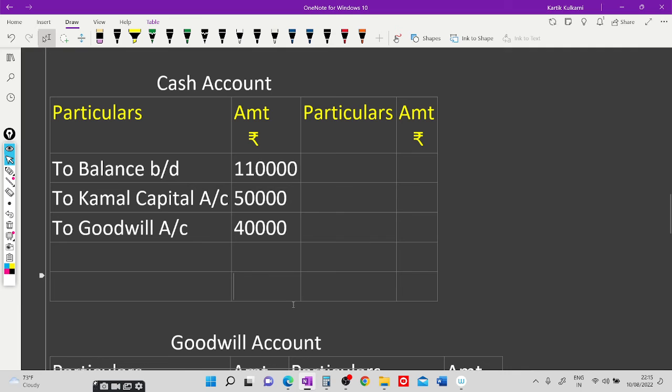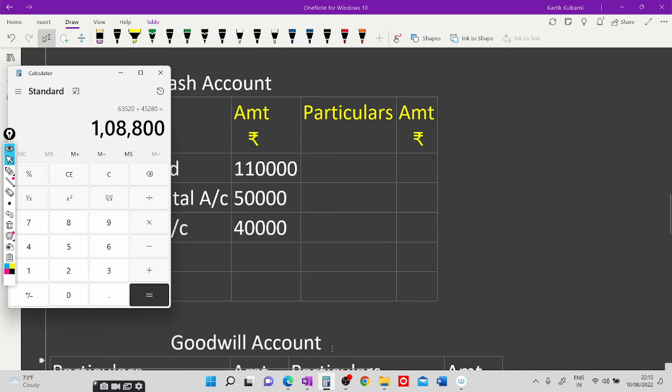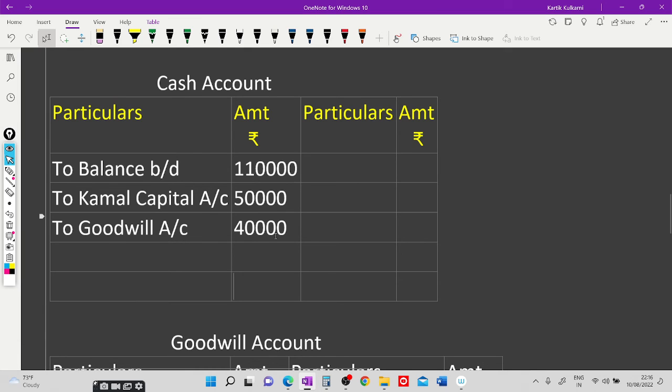Let's take the total of the debit of cash. It is 1,10,000 plus 50,000 plus 40,000, it is 2 lakh. So the debit side of the cash account is 2 lakh, and since there is nothing on the credit side, the balancing figure will be 2 lakh itself.